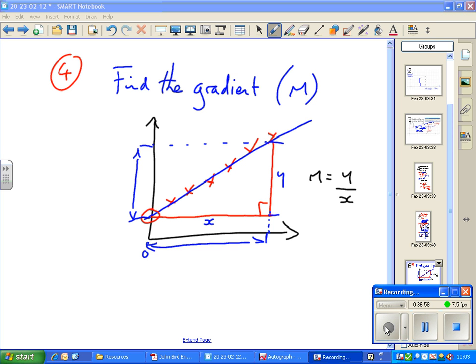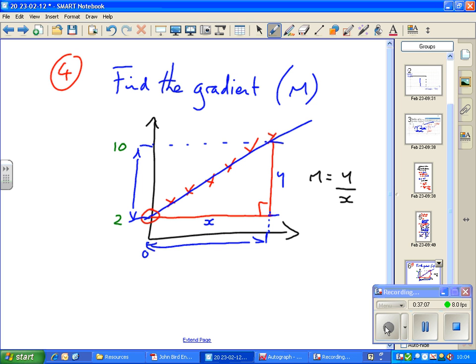Okay, so if we put some values on, then we can see by example how this works. So for example, if this data point turned out to be 2, and this data point turned out to be 10, put some nice easy numbers on, this is 0, and let's say we come up here and we find that data point's 20.